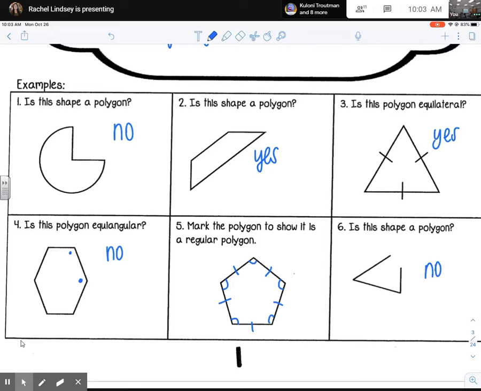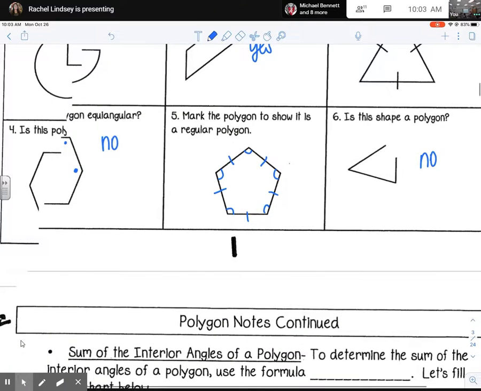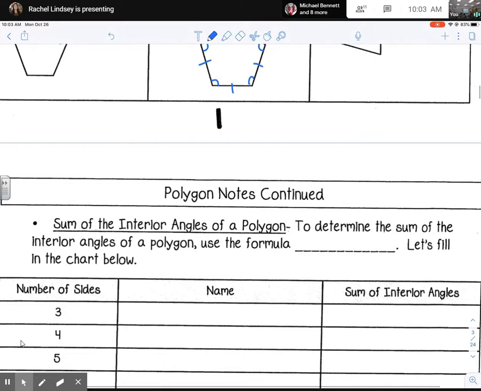Okay. So with polygons, we can find the sum of their interior angles by using a formula. To determine the sum of the interior angles of a polygon, we use the formula n minus 2 times 180, and n would be the number of sides.